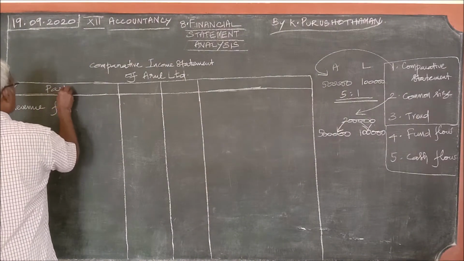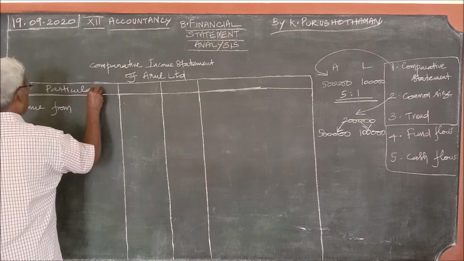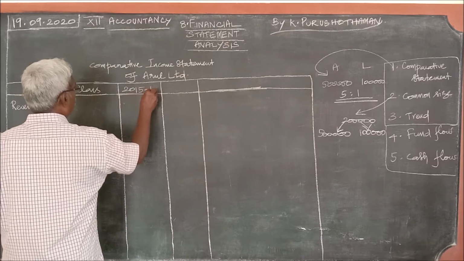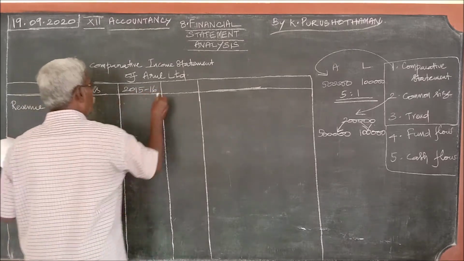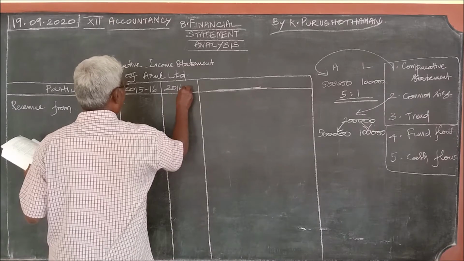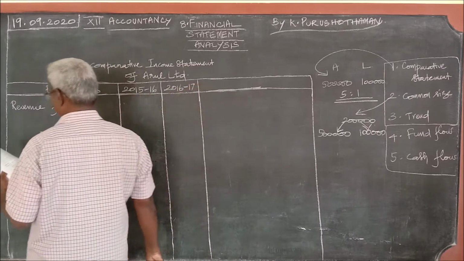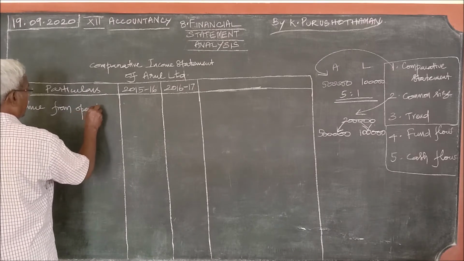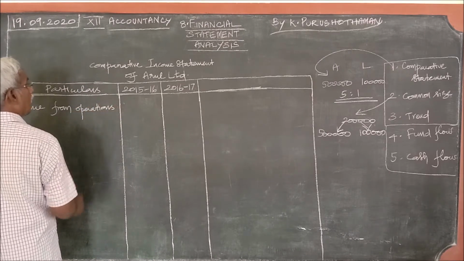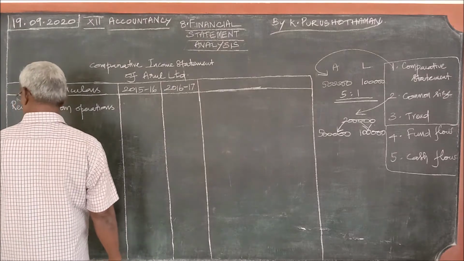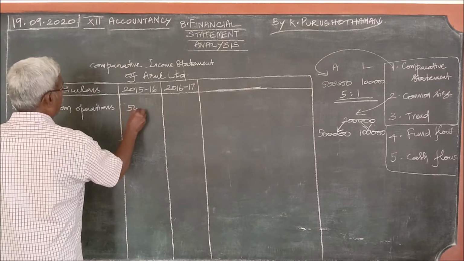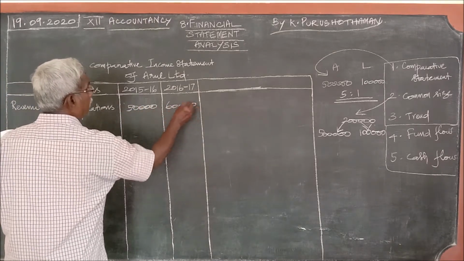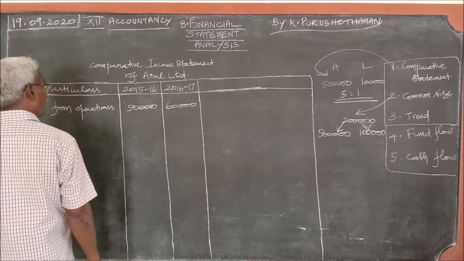Particulars. Year 2015-16. Then next year 2016-17. Revenue from operations: 50,000, 60,000.